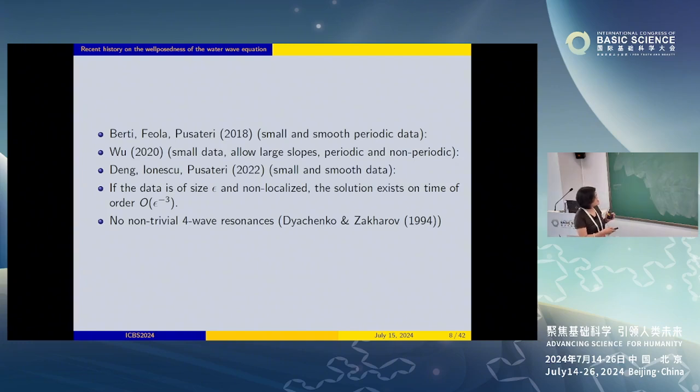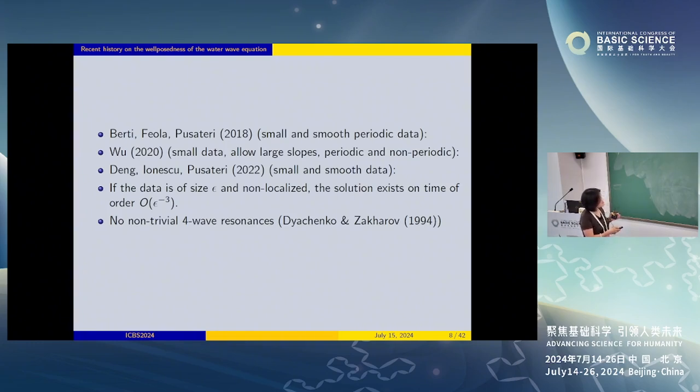Okay, so this is the first work to make the idea of Dyachenko, Zakharov rigorous. And they show that for small, smooth periodic data of size epsilon, you can solve for epsilon to the minus 3. And here we give a different proof, but it works for a larger class of data, for example with large slope, and it can be both periodic and non-periodic. And for data of size epsilon, you can solve for epsilon to the minus 3.